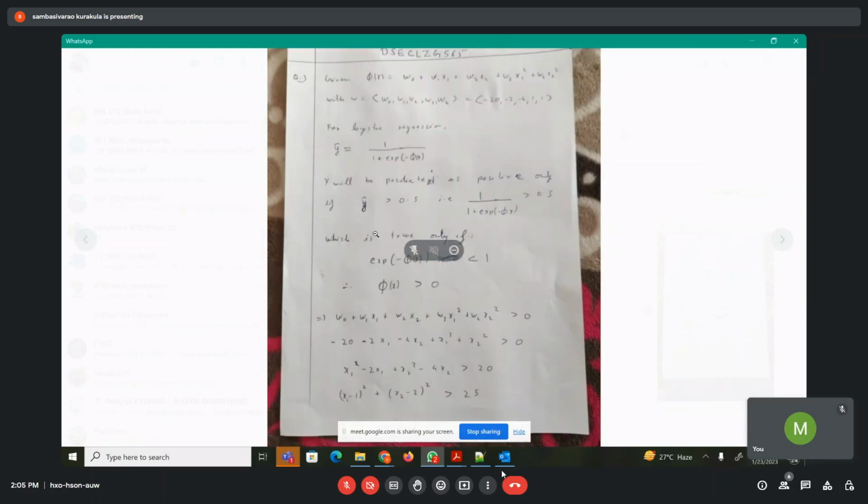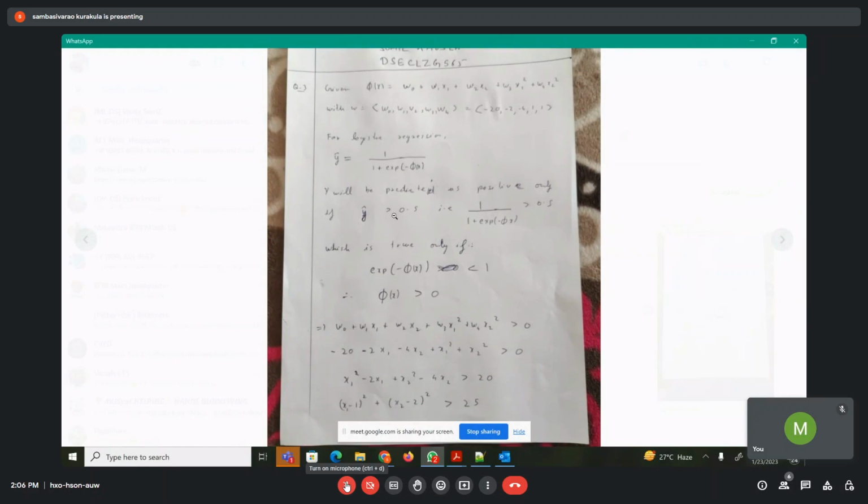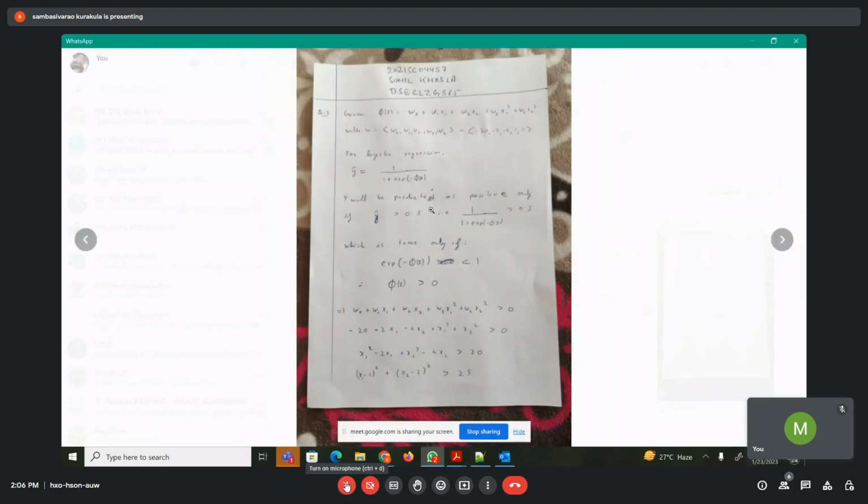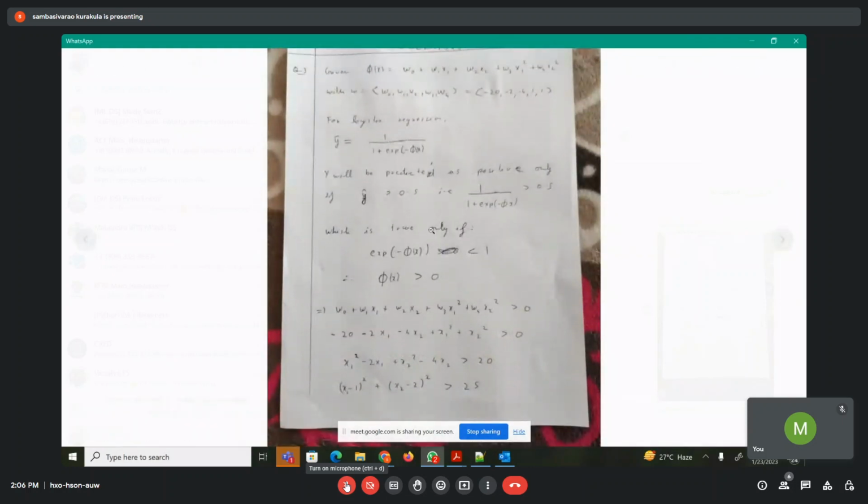If you get greater than 0.5, we consider it as 1, that means classification is yes. And if you get less than 0.5, classification is considered no. So that is how we find this equation finally.